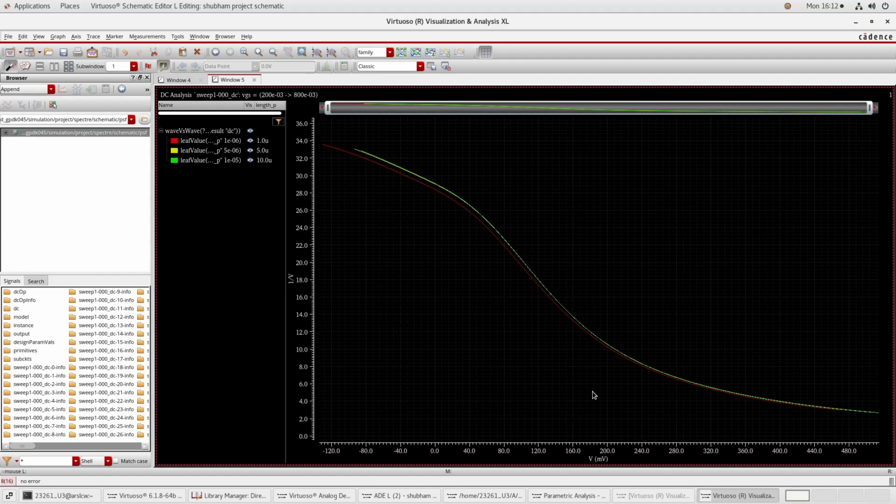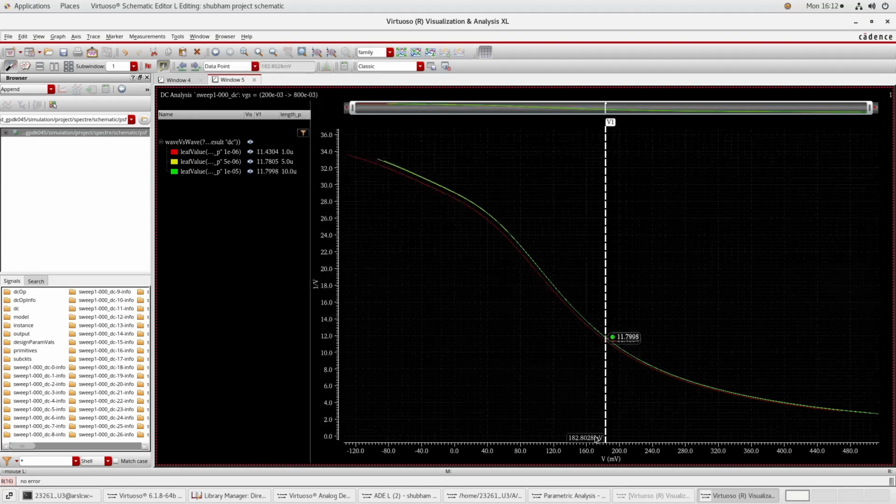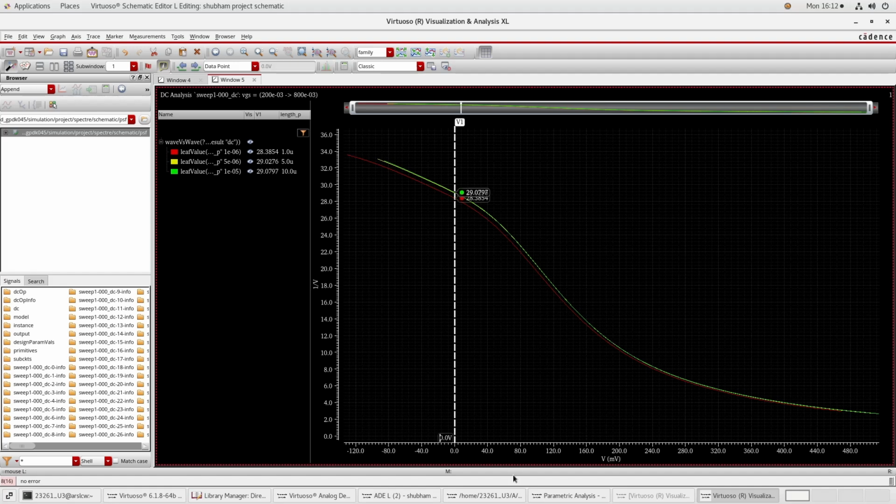If our VGS is less than or equal to VTH, then we will be in weak inversion. When VGS equals VTH, our V overdrive will be 0 volt. So I will put a marker, press V, and write 0. Here my VGS is equal to VTH, my V overdrive is 0, and the corresponding gm/ID value is 29.